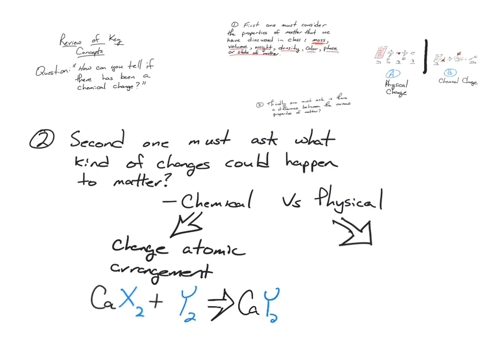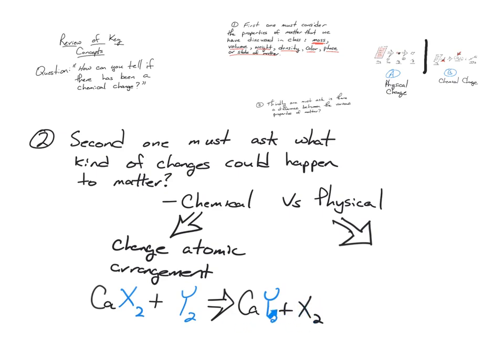I call this a substitution reaction, but it's irrelevant what we call it. The point is, in the beginning you had calcium combined with some atom here, some element here. It had a certain density, it had a certain color, it had a certain reactivity. You mix it with something, let's say Y, and you end up with calcium Y now, and then you produce something.